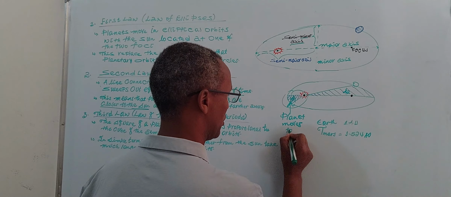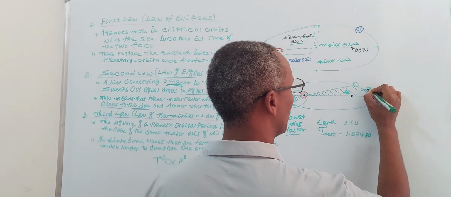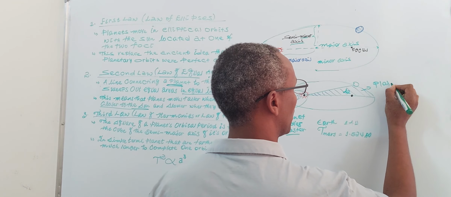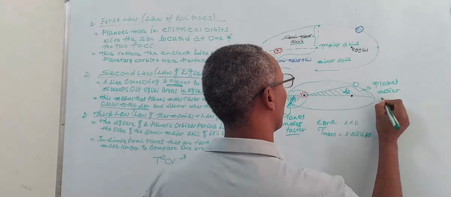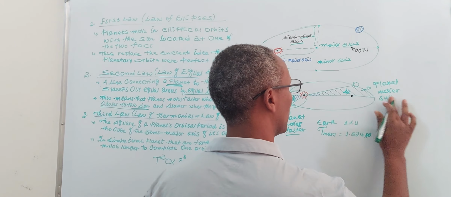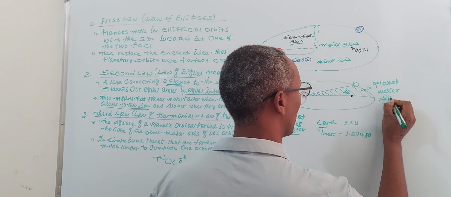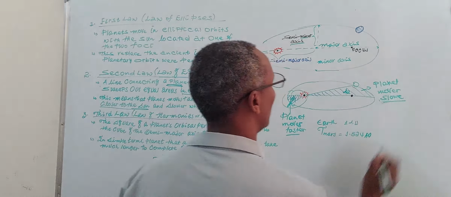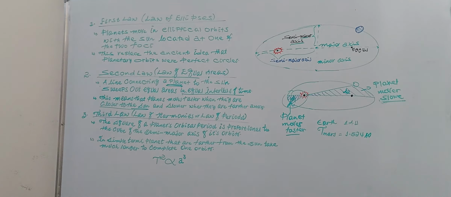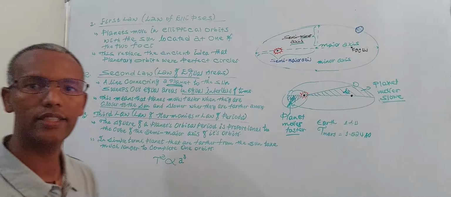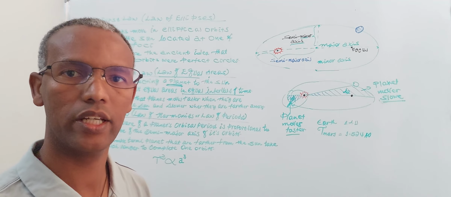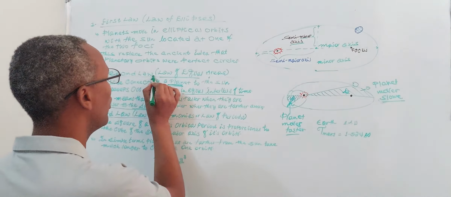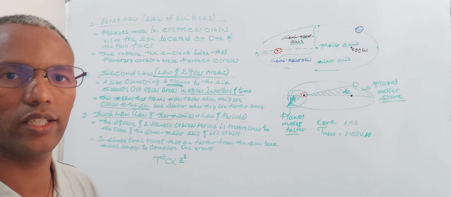And in this region, the planet moves slow. So that is about Kepler's second law, or the law of area. Okay, that is it for the second law.